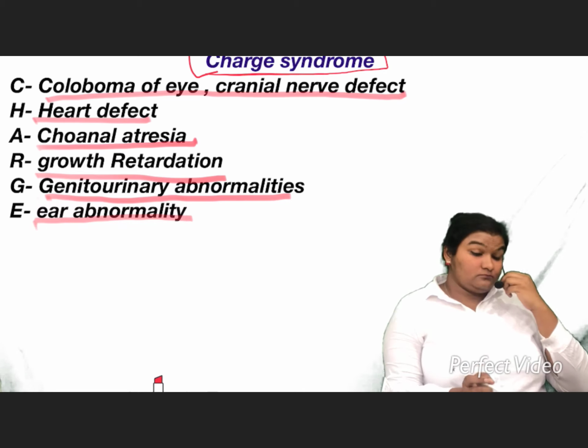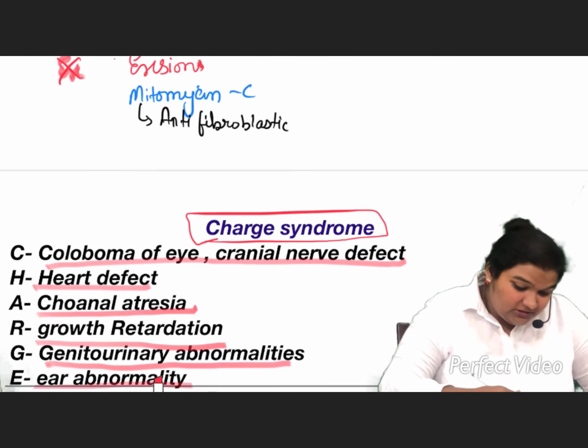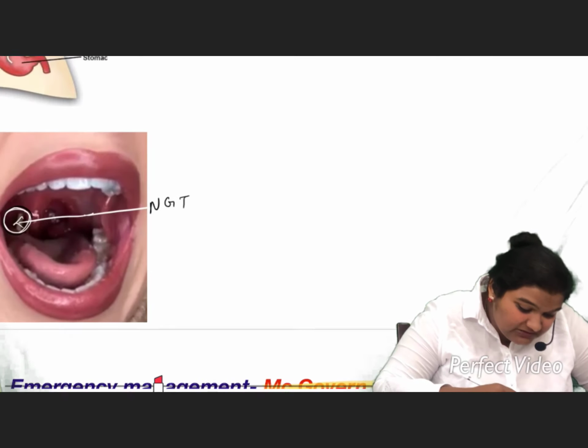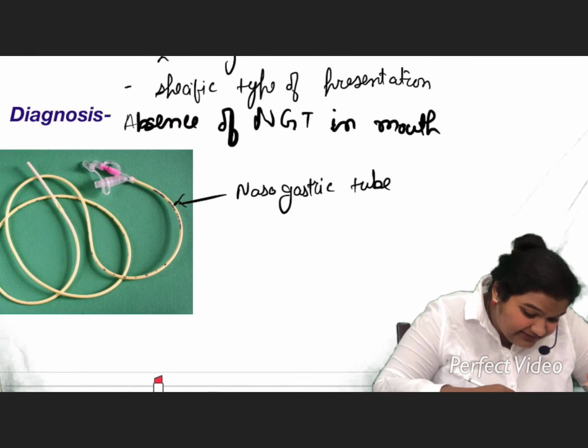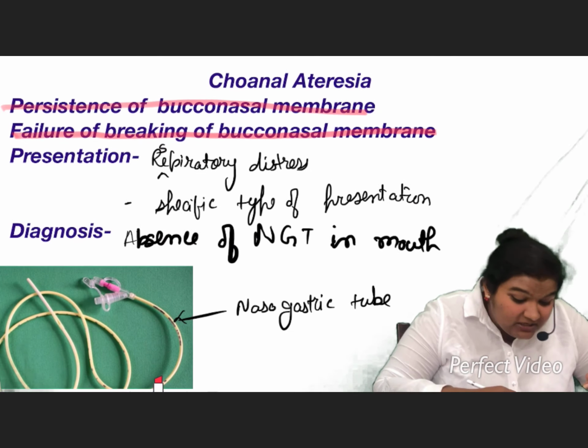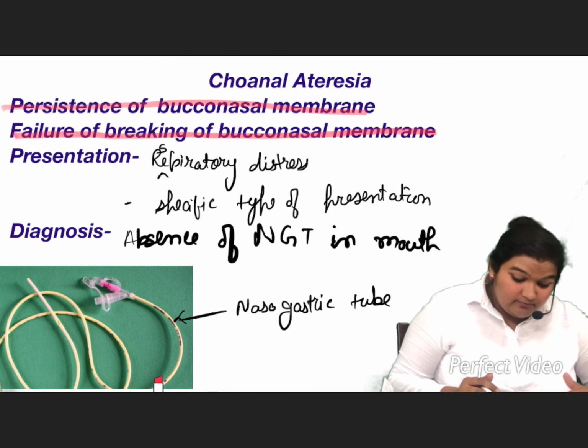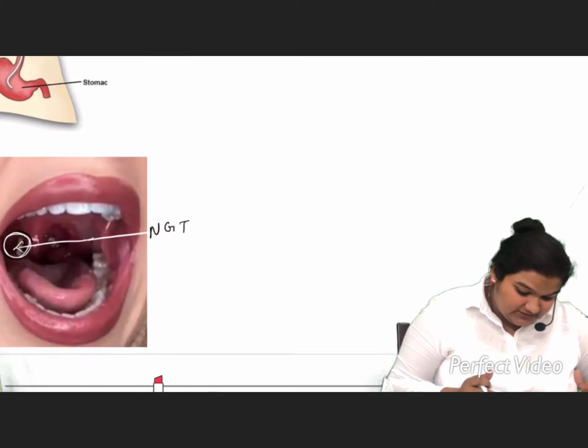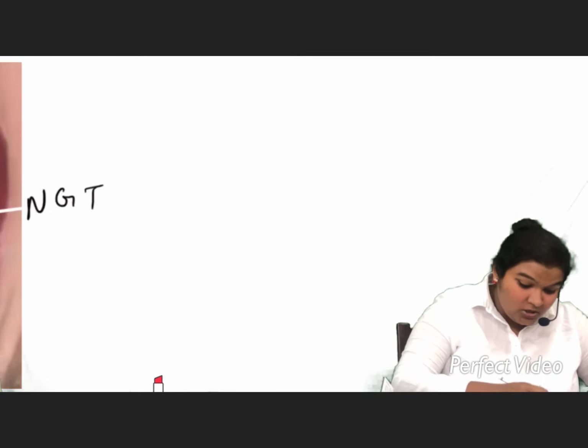Okay, I forgot to cover one point, so let us go back once towards choanal atresia. Choanal atresia can be of two types.